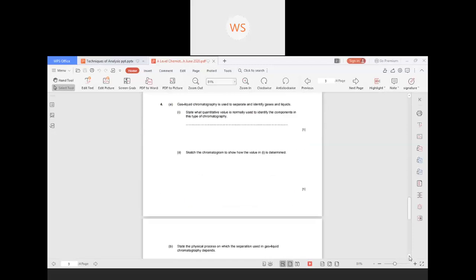And then number 4: state the quantitative value normally used to identify components. In any type it is the RF value, but in GLC the term is retention time. Then sketch a chromatogram to show how the value is determined.